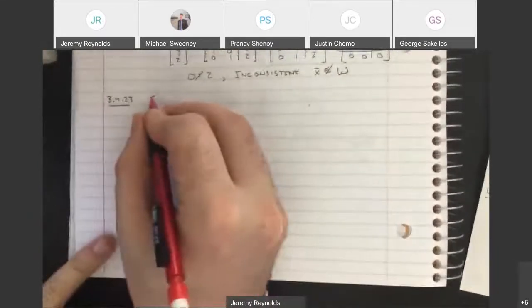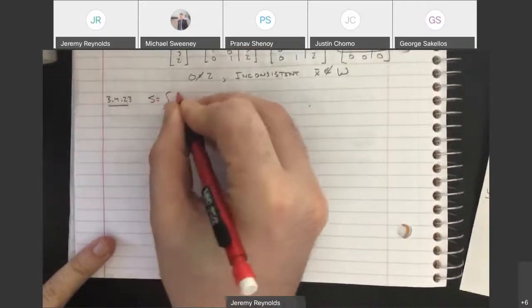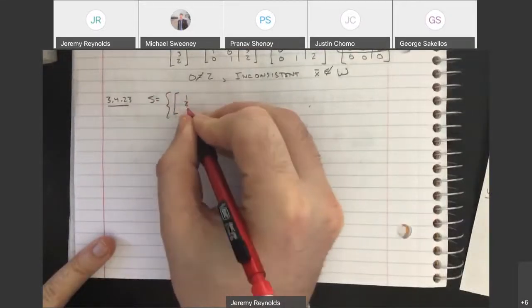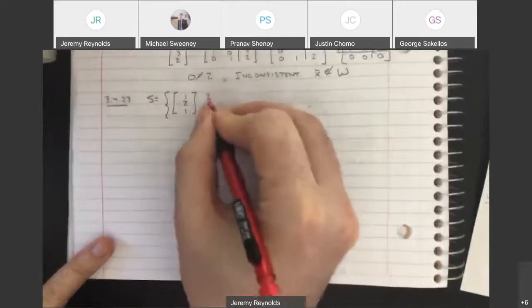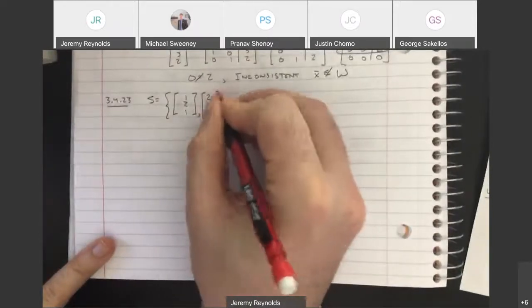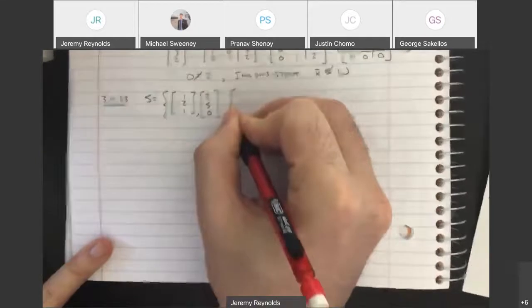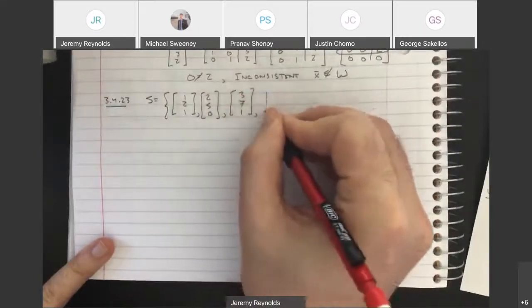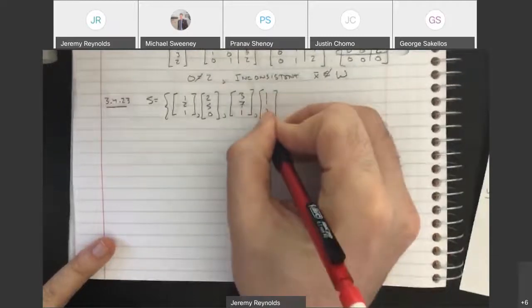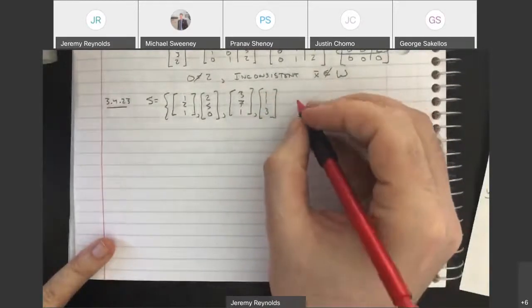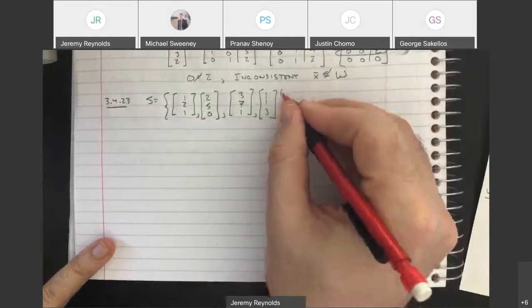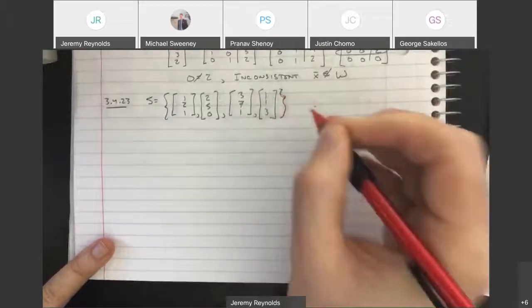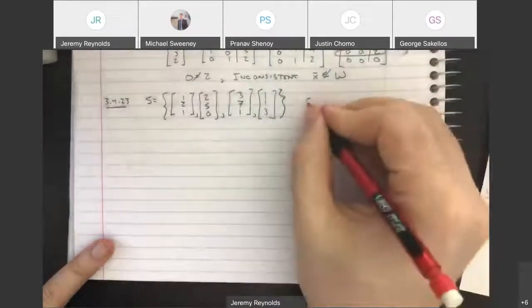So S is a set of 4 vectors. And I think the question is find a basis for this set. So let's find a basis.